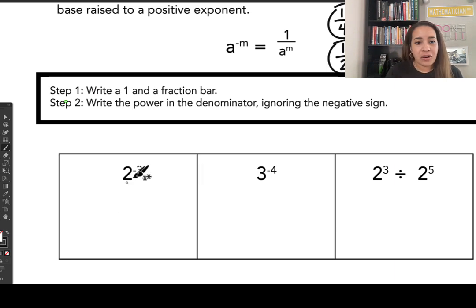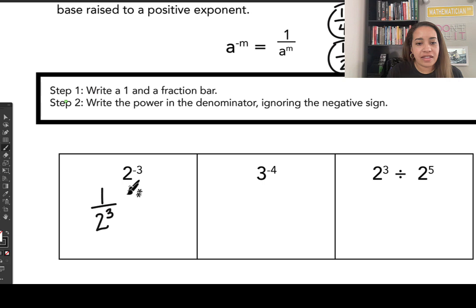So to find our reciprocal, we are just going to put a 1 up top, and then we are going to write the power in the denominator and ignore that negative sign. That gives us a negative reciprocal. So this is our final answer to simplify 2 to the negative third power.